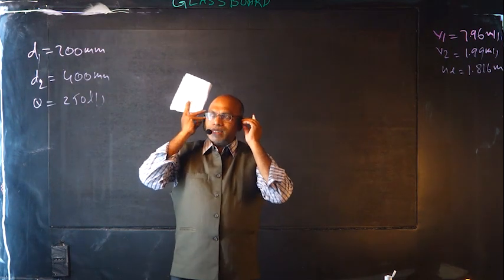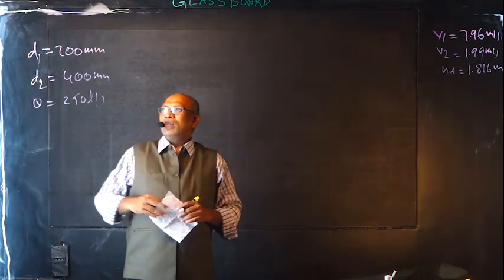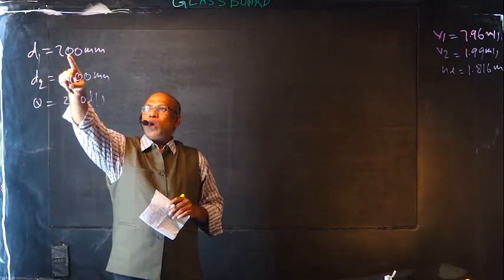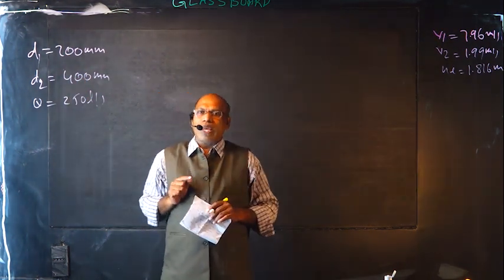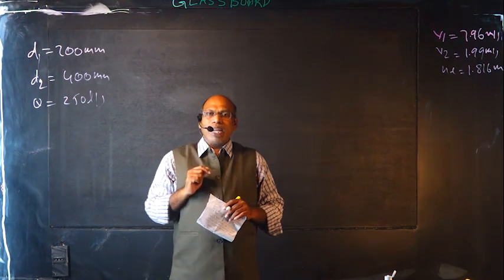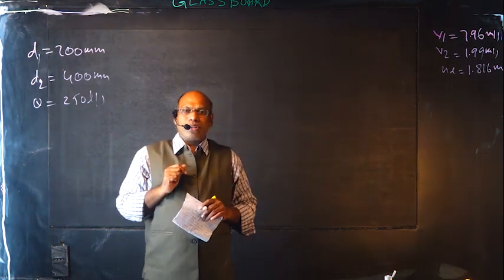Based on this problem, the diameter changes from 200 mm to 400 mm. The corresponding head loss is known as the minor head loss, that is due to expansion or enlargement.